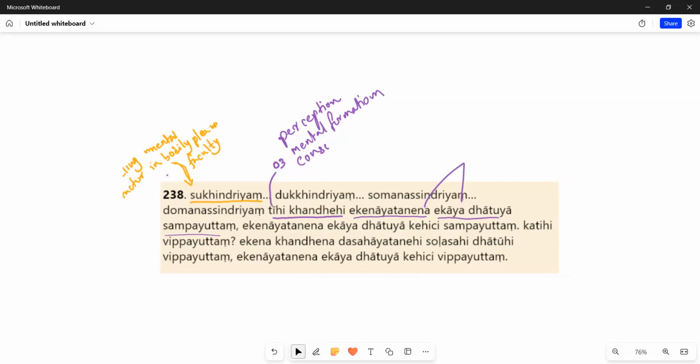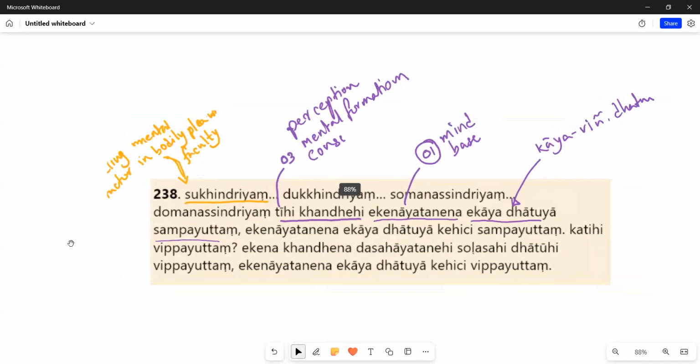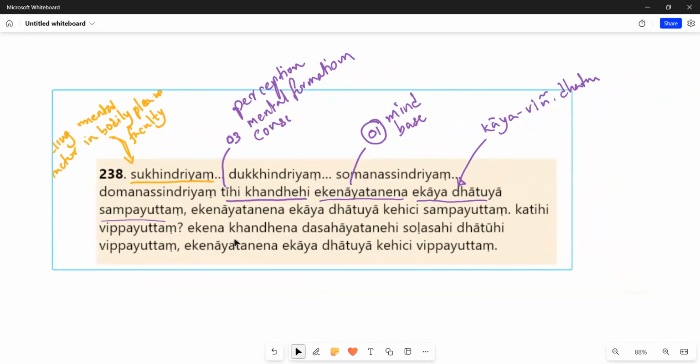It's two different. So ekena ayatanena, it's one base. So what is this one base? It's the mind base. And ekaya dhatuya, it is the cakkhu-viññāṇa-dhātu. Right? So that's how we get the answer for ekaya dhatuya.